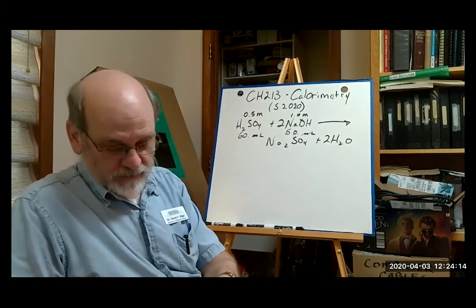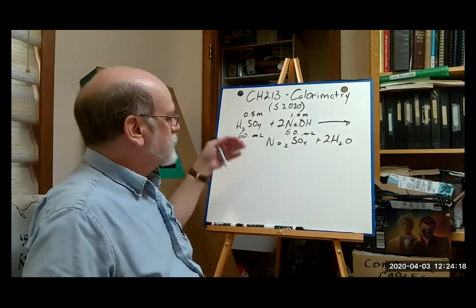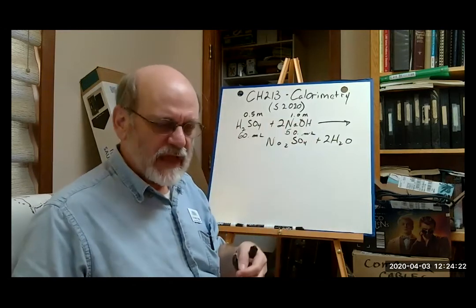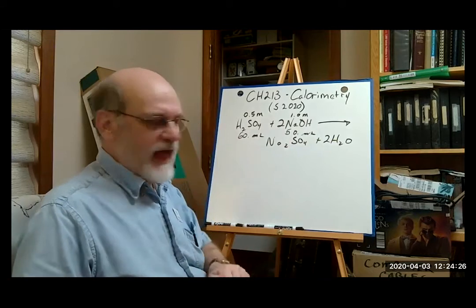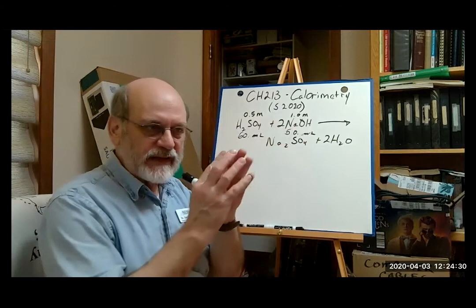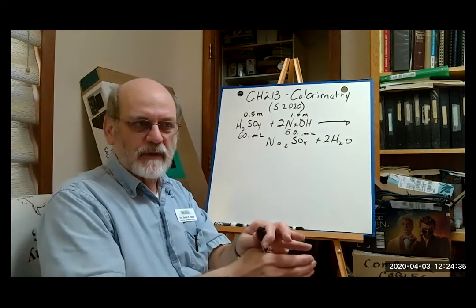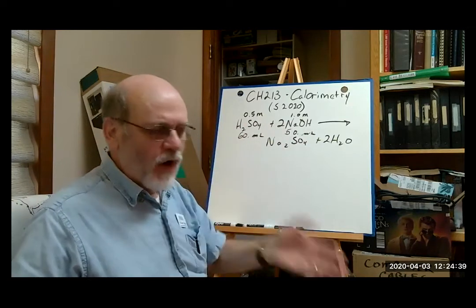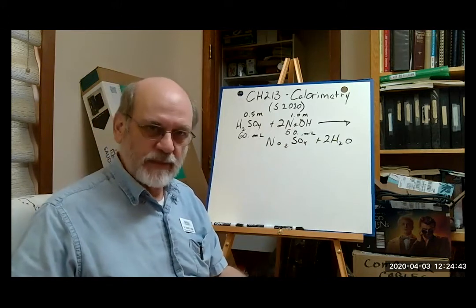In case you don't remember, whenever you conduct an experiment, whenever you do stoichiometry of a reaction, it's impossible to have exactly the right number of moles of each reactant so that they completely consume one another and produce only product. There's always one that's in excess and always one that is limiting.